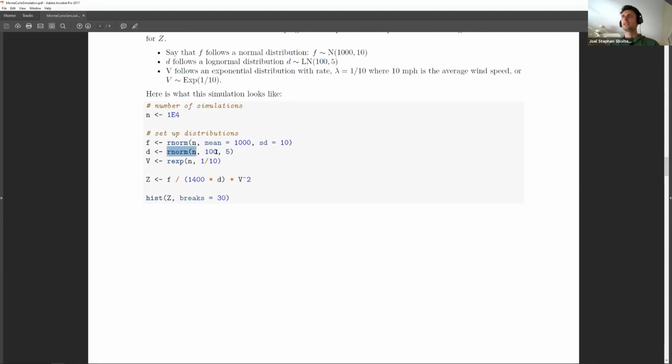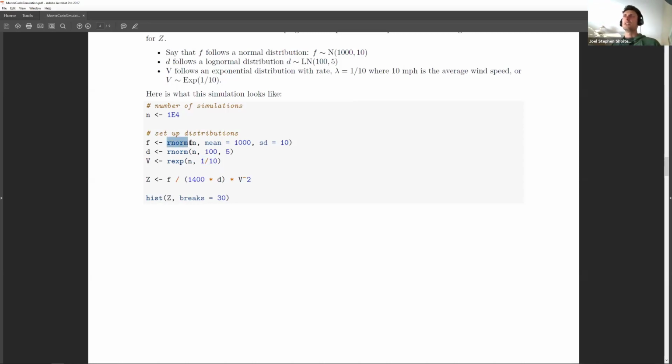So depth is rnorm with n simulations, mean and standard deviation. And our velocity follows the exponential distribution with n simulations, and then here's our lambda value. So 10 is the average speed, and then we use 1/10 as the parameter for the exponential distribution.